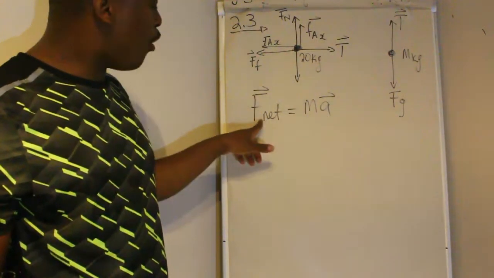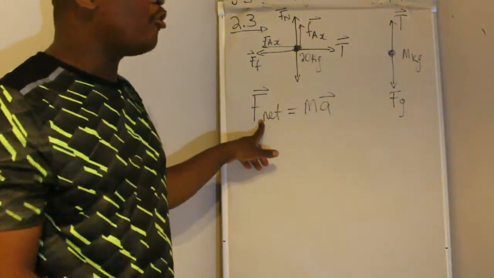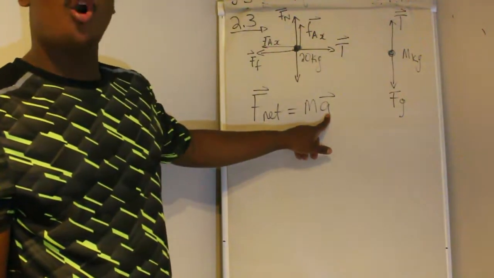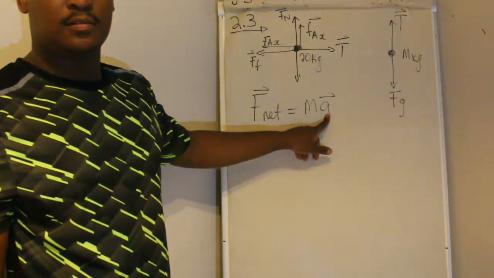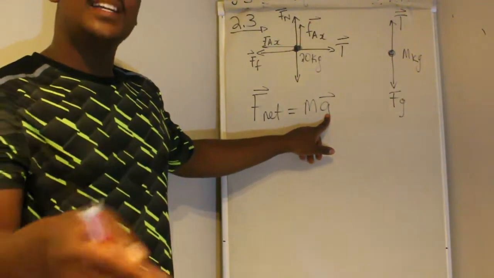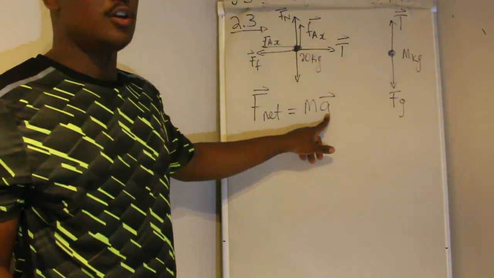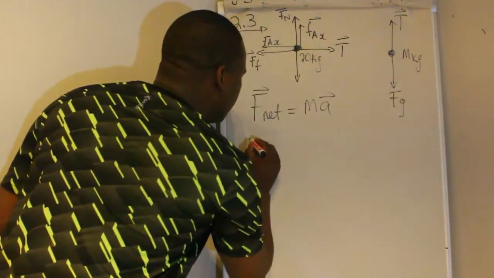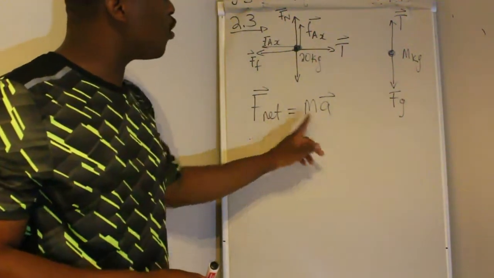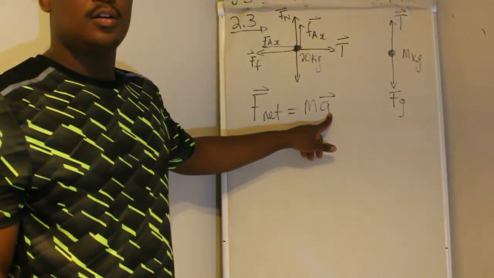The sum of the forces, or the resultant force acting on an object, will cause the object to accelerate, and that object will be accelerating in the direction of the force. So the net force acting on an object will cause an object to accelerate in the direction of the force.